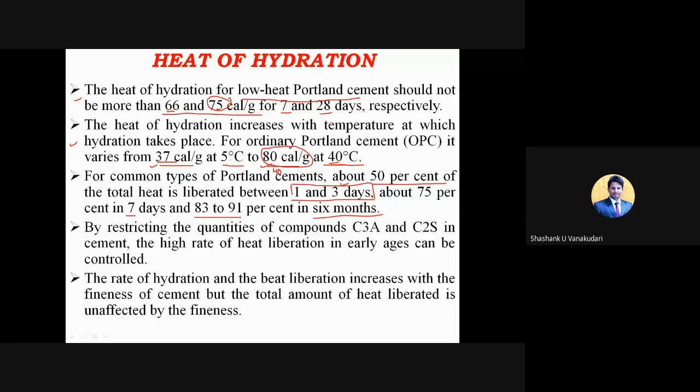Clear? So the heat of hydration process continues for a period of up to 6 months. Even after 6 months it will not be complete at 100%; it reaches 83 to 91%. So in the initial days, what are you going to see?